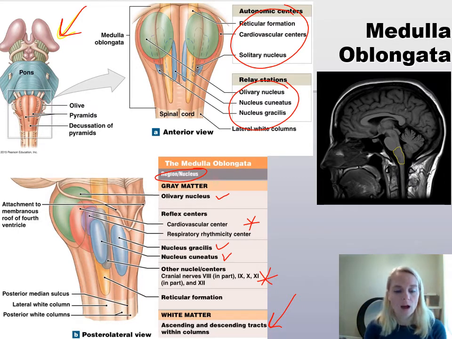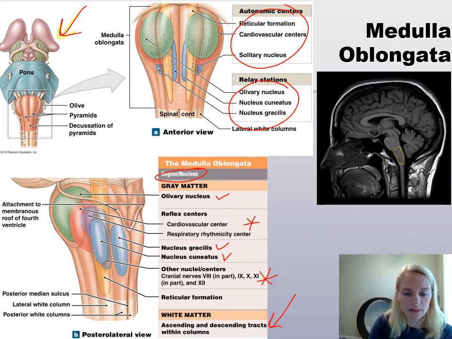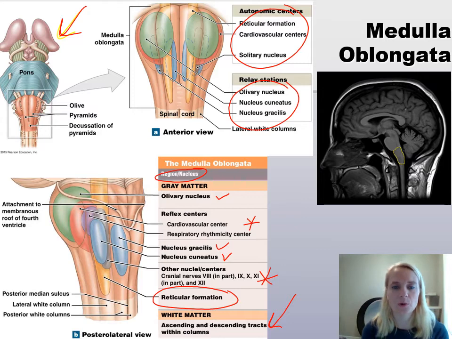Something else that you'll see in this diagram is the reticular formation. I'm not going to talk about that yet because we're going to call that headquartered in the midbrain. I'm going to address it in the midbrain, but do know that it does penetrate all the way down into the medulla. All right, so there's our discussion of the medulla, the functions of the white matter and the gray matter.